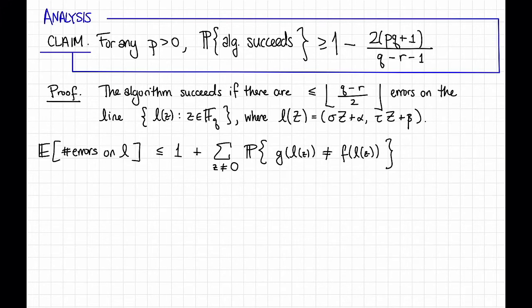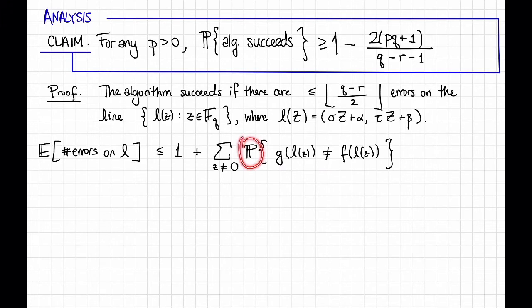Here I just used linearity of expectation to write the number of errors as the sum over all points on the line of the indicator random variable, which is 1 if there is an error on that point. So we might definitely have an error in (alpha, beta), and then for all the other points, it's this.